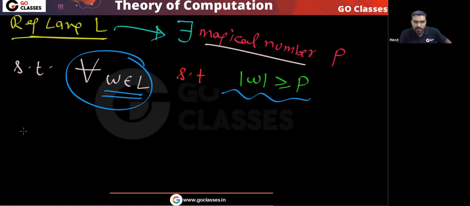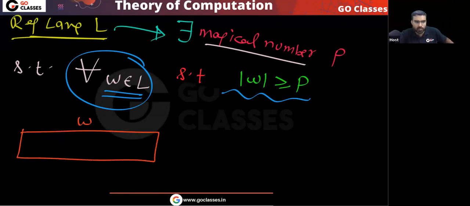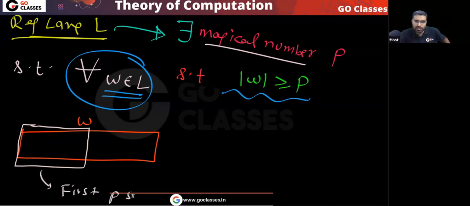This means that in this W, this is the entire string W, within the first P symbols, let's assume these are the first P symbols, you can find some non-empty section, let's call it Y, some non-empty substring.